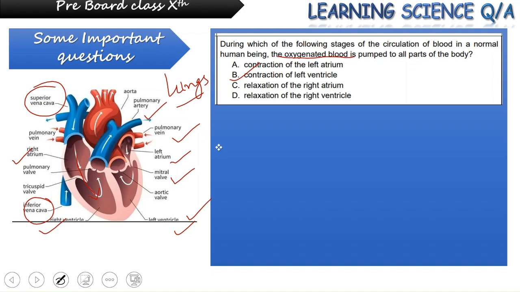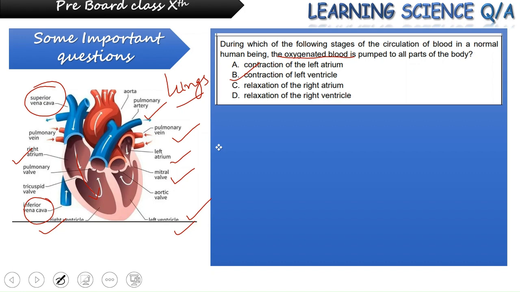Same applies for the pulmonary vein also, because veins carry blood from the particular organ towards the heart. So pulmonary veins are bringing back oxygenated blood to the heart so that it can be distributed among all the body parts.